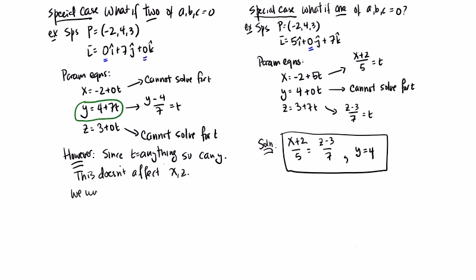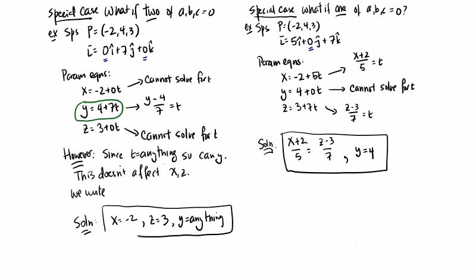So this is what we write for a solution. I'm going to say, well, look, x is -2. That's it. If you look at the equation, x is -2, and we know that z is 3. And then you could just put y equals anything. Now, you don't even really need to list that, because in mathematics, when you put down an equation, it is a restriction.